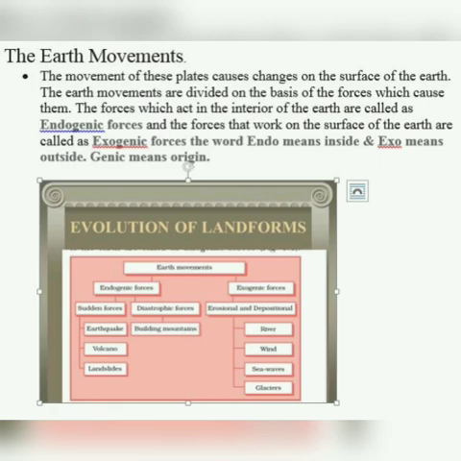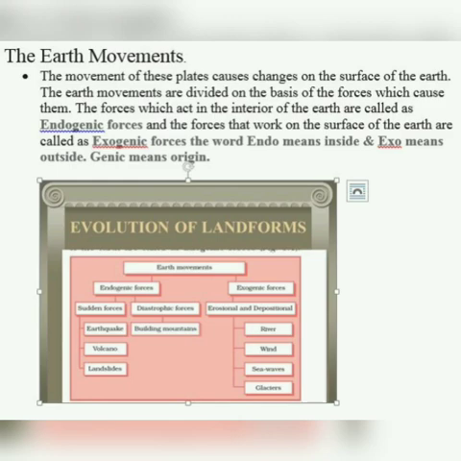The earth movements. The movement of these plates causes changes on the surface of the earth. The earth movements are divided on the basis of the forces which cause them. The forces which act in the interior of the earth are called endogenic forces, and the forces that work on the surface of the earth are called exogenic forces.